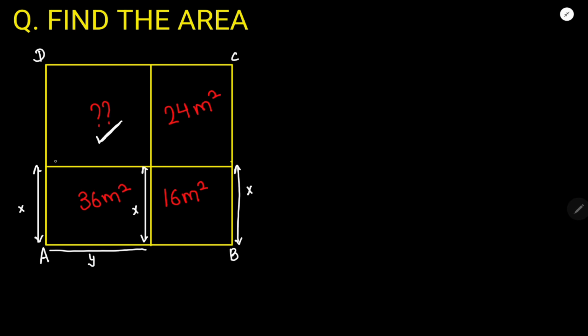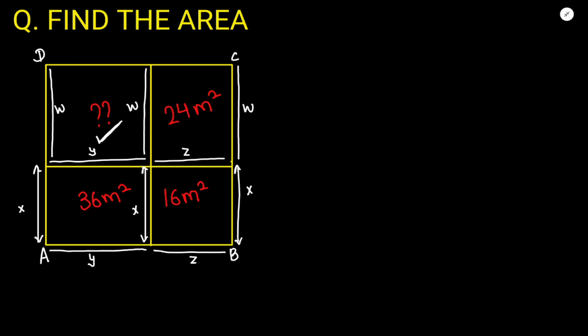If this is y, this is also y, right? And this I take as z. If this is z, this is also z, because these are rectangles, right? And now suppose I take this as w, then this will also be equal to w, and this will also be equal to w. Now I don't know what is x, what is y, what is z, what is w.